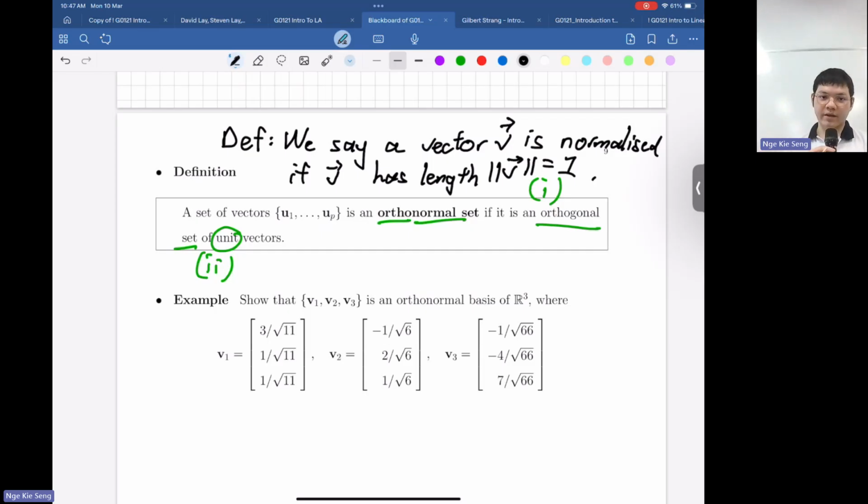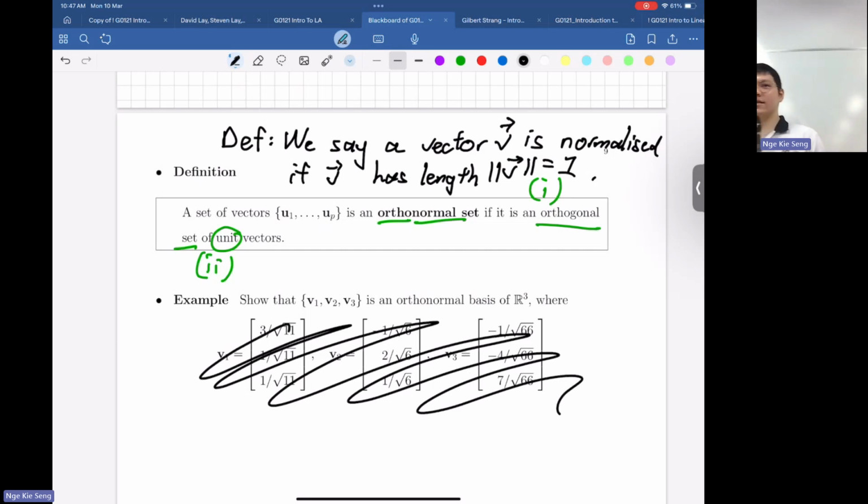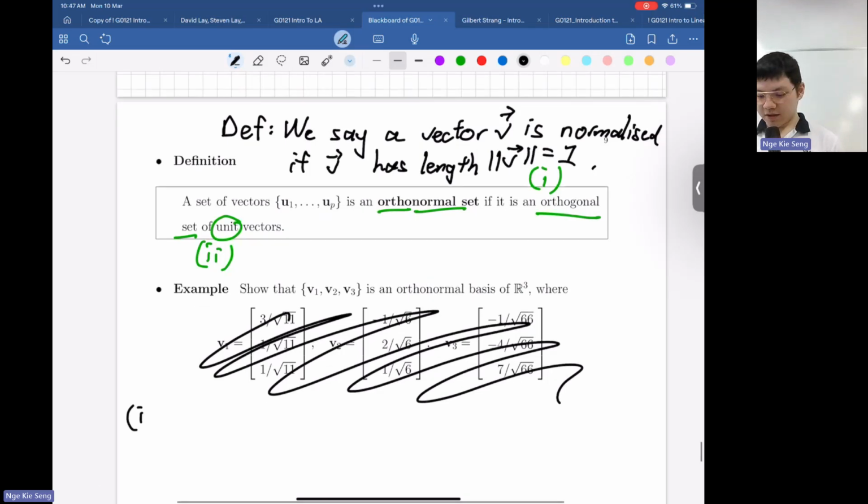Yeah, so it's an orthonormal basis. How many things to check here? Two things. Okay, so what are the two things? Amber, try first. Never mind, wrong also never mind. Dot product equals 0, because you're going to check orthogonality, right?